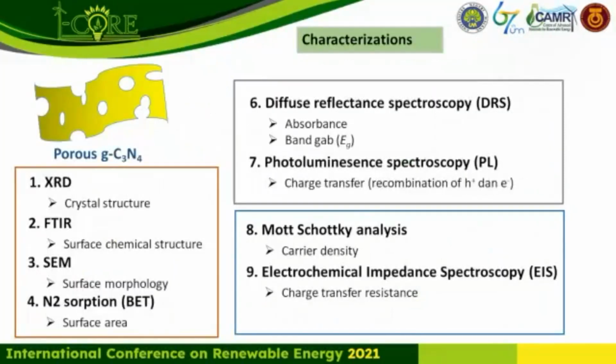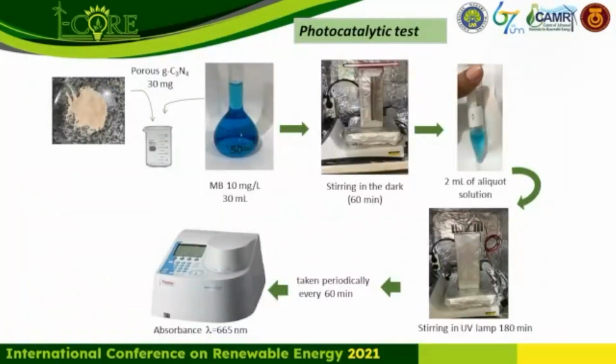Characterization. Characterization of porous graphitic carbon nitride by XRD, FTIR, SEM, and absorption, diffuse reflectance spectroscopy, DRS, photoluminescence, Mott-Schottky analysis, and electrochemical impedance spectroscopy. Photocatalytic activity using methylene blue degradation under UV light irradiation.